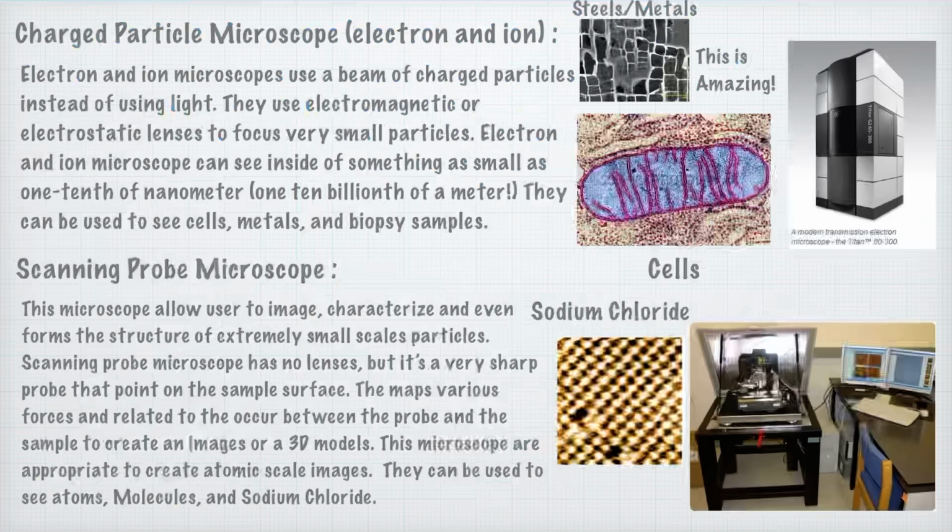The map reacts to the force that occurs between the probe and the sample to create an image or a 3D model. These microscopes are appropriate for creating atomic scale images. They can be used to see atoms, molecules, and sodium chloride.